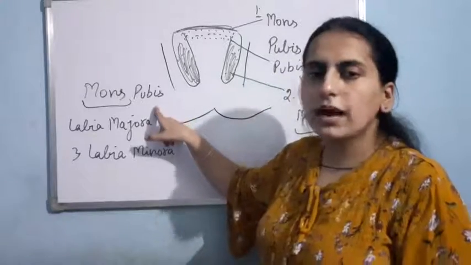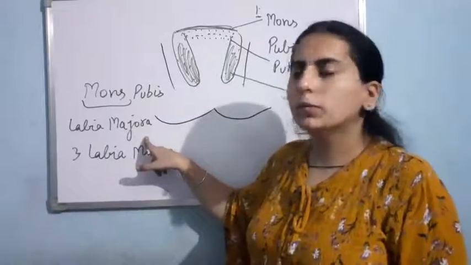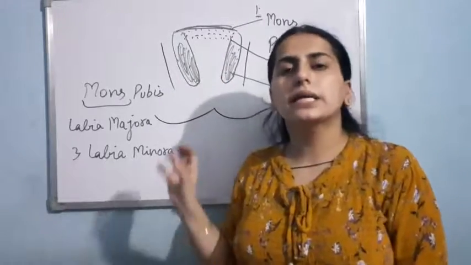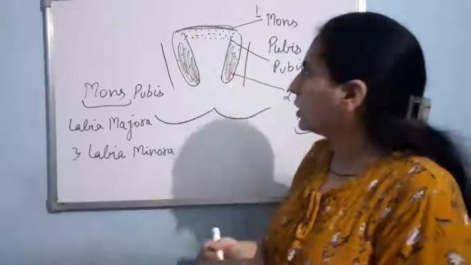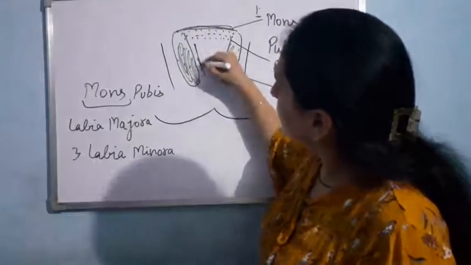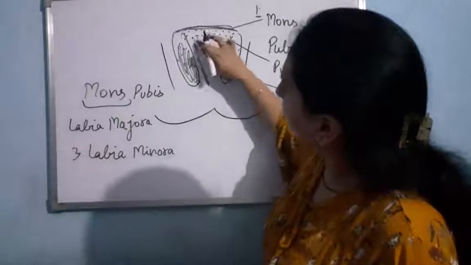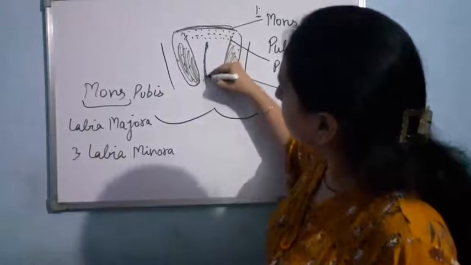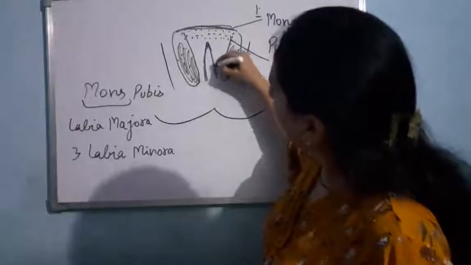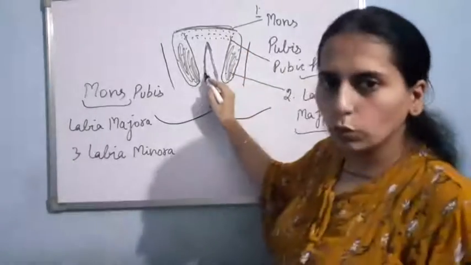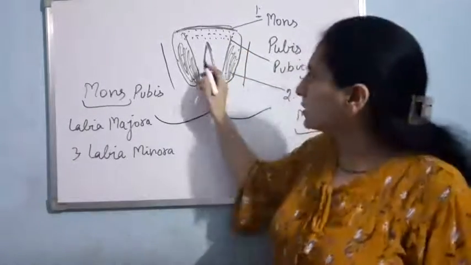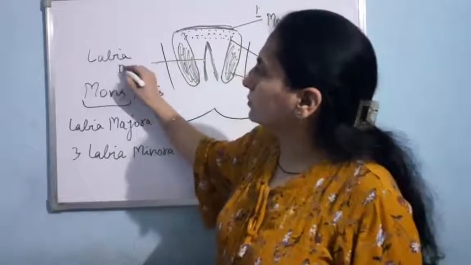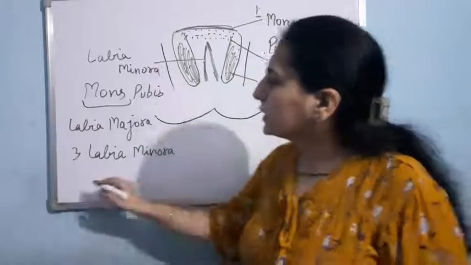The mons pubis was having hair, the labia majora was having pubic hair, but the labia minora is not having the pubic hair, and it is present under the labia majora like this. 2 folds are there, 1 and 2, and pubic hair are not present in this area, and this is labia minora. Clear?